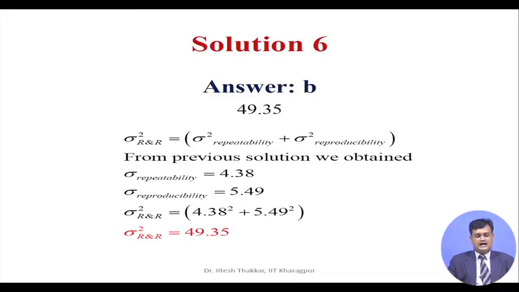Sigma r and r square, as you know, is equal to sigma square repeatability plus sigma square reproducibility, and from the previous solution we have obtained the values of these two. By substituting, you will get sigma r and r square equal to 49.35.